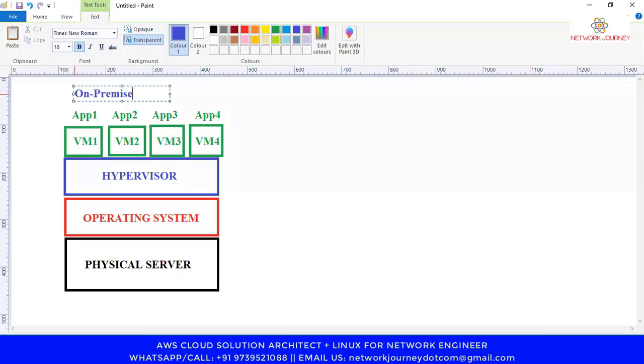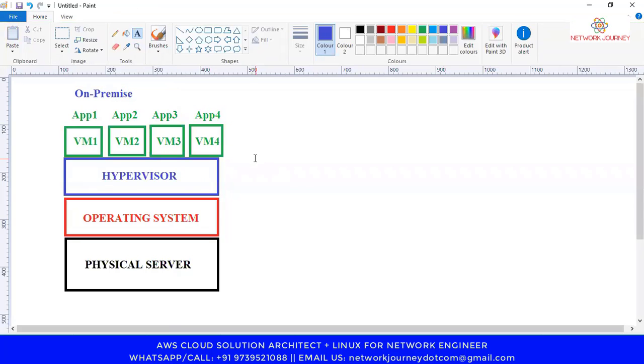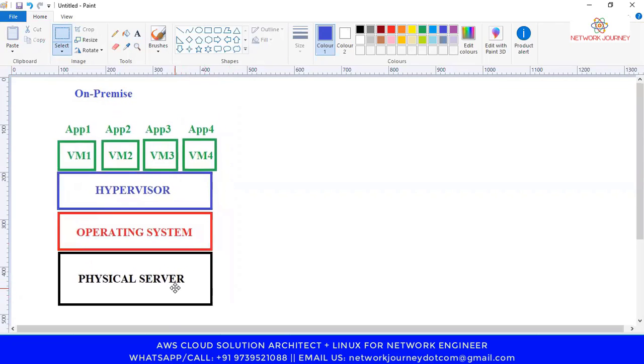The impact is that everything you need to take care of, A to Z, starting from the physical server, operating system, hypervisor, everything you should own and maintain.